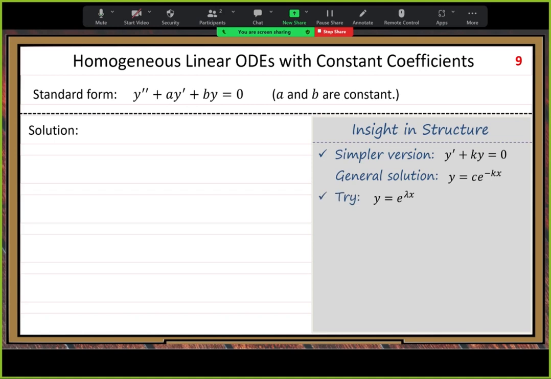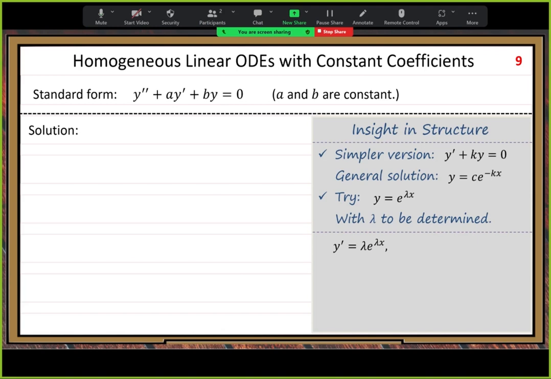Now we try this structure. We plug it into the given equation. Let's take the first derivative, lambda to be determined. Later we will see what should be the appropriate lambda values. Y prime equals lambda times e to the lambda x.